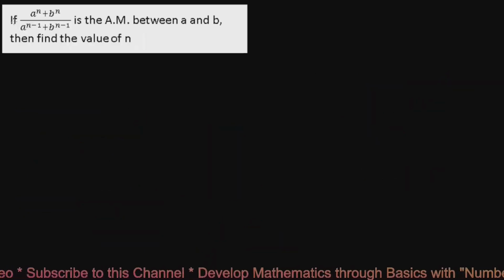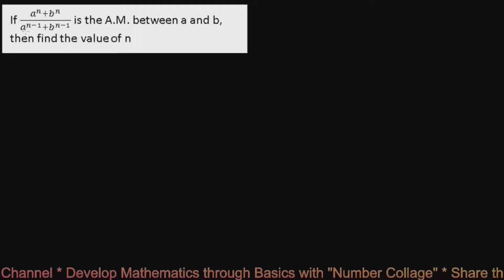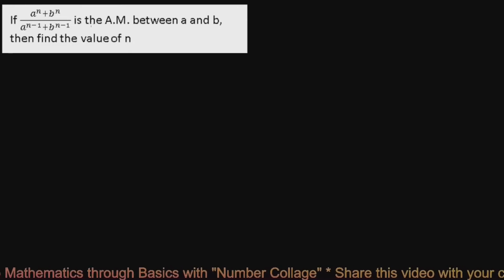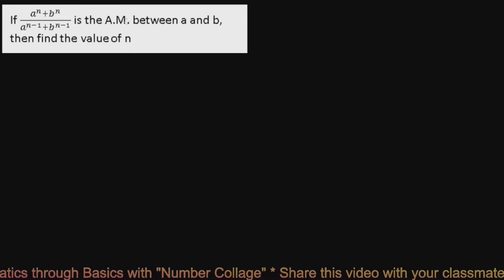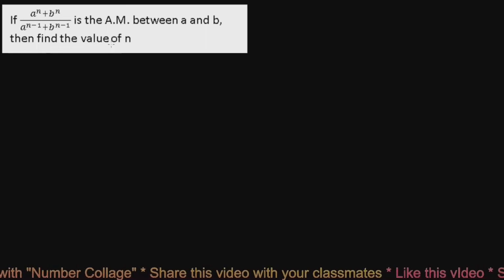Next problem, if a raised to n plus b raised to n upon a raised to n minus 1 plus b raised to n minus 1 is the arithmetic mean AM between a and b, then we have to find the value of n.